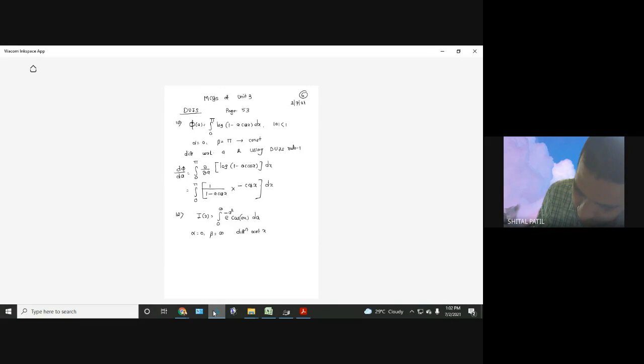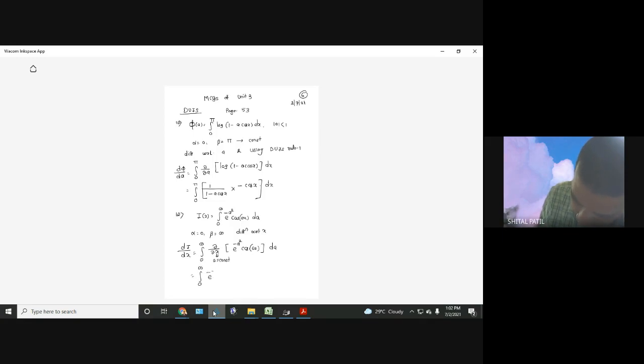Differentiating with respect to x, so dI by dx, 0 to infinity, del by del x. So A is constant, and then dA.